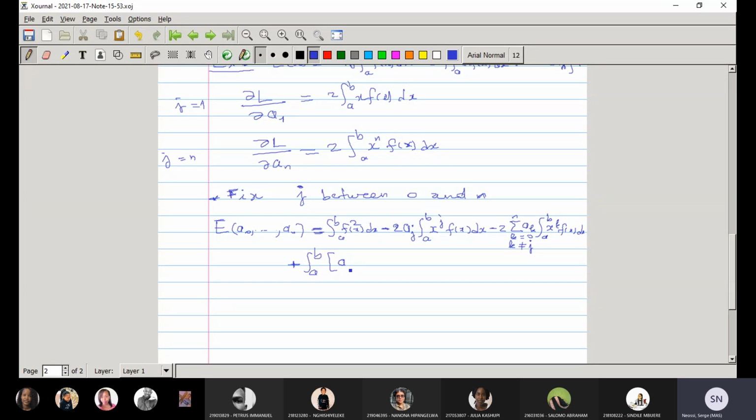I can say that this is aj x to the j plus the sum where k takes all the values except j. I could have written it like this, but I can just say k different from j, but it takes all the other values, ak x to the k, and we square all of these, dx.